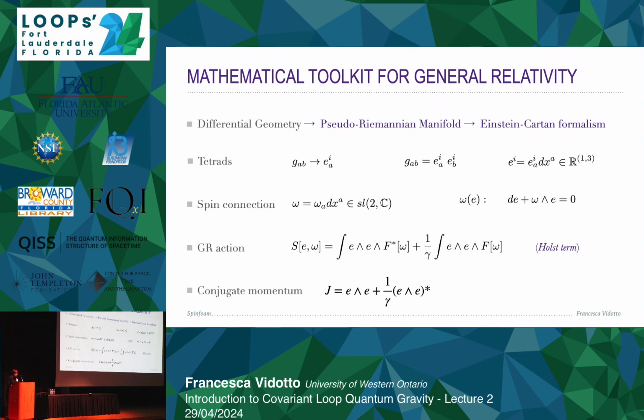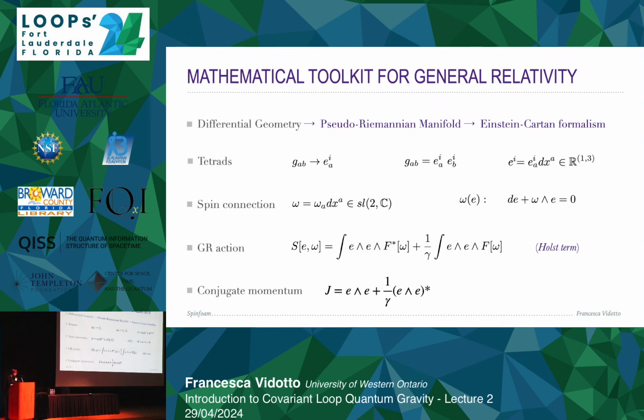And if you look at the action, you discover that the conjugate momentum is this capital J written in this particular way, where you have the tetrads, and you have two terms that are exactly the same, but for one you take the Hodge dual, and you have a proportionality constant between these two terms that is given by 1 over gamma, where gamma is the notorious Barbero-Immirzi parameter.